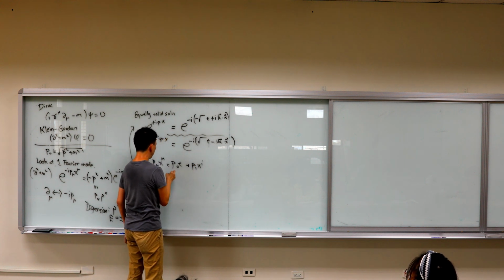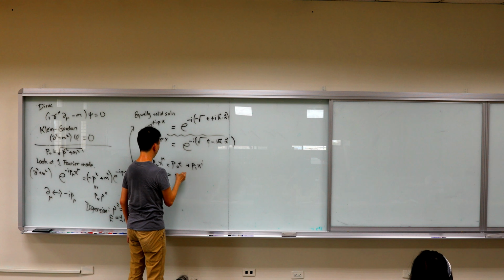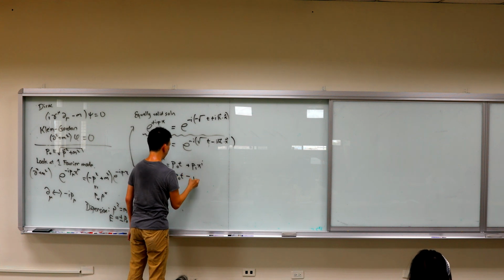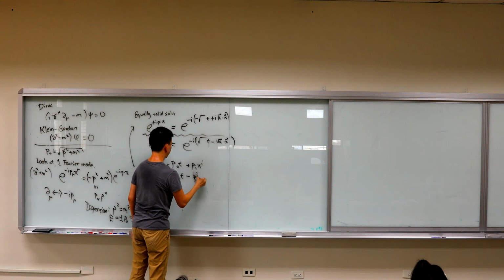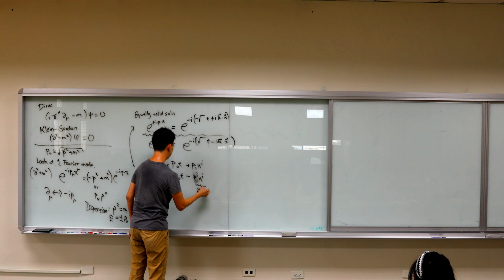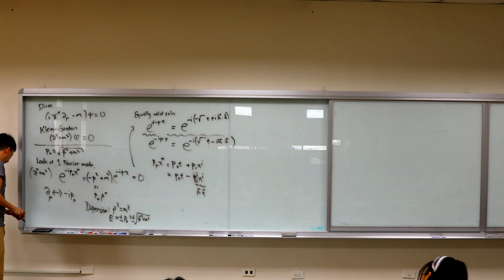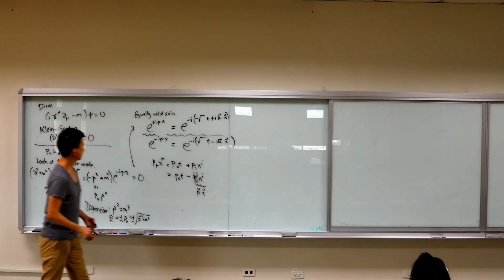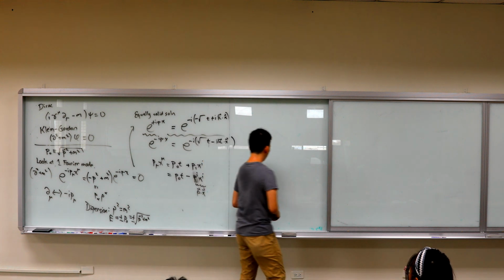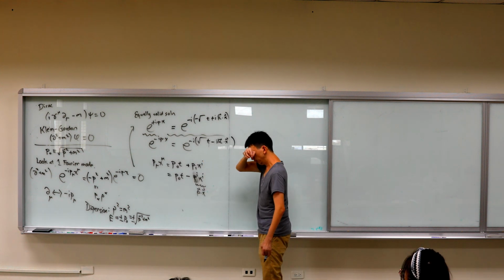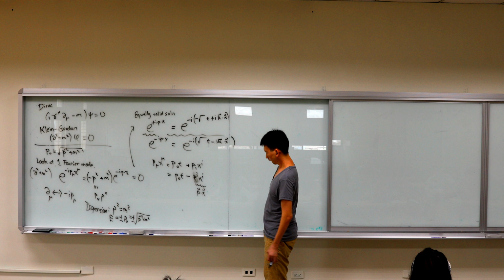But if you want to write it as a dot product, this will become P0 T minus P vector dot x vector, and this guy is P dot x. For this case, I want to be a bit more careful about the sign, upstairs to downstairs. Okay, so these are the two possible solutions.